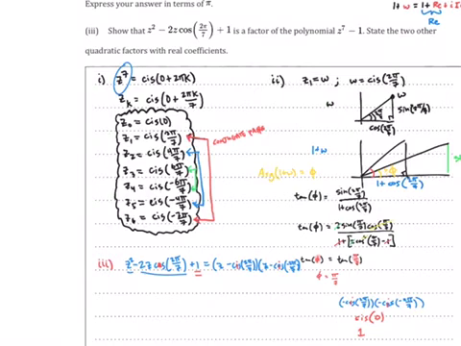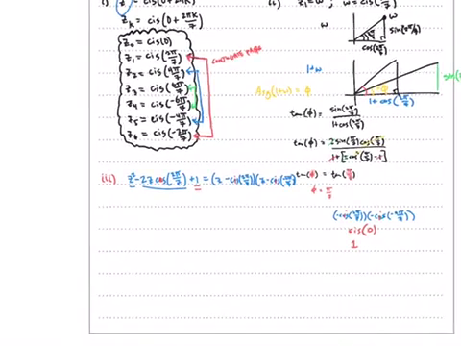So it's asking us to state the 2 other quadratic factors with real coefficients. So in addition to this quadratic factor, there's the only real factor, which is z0, which is 1, right?